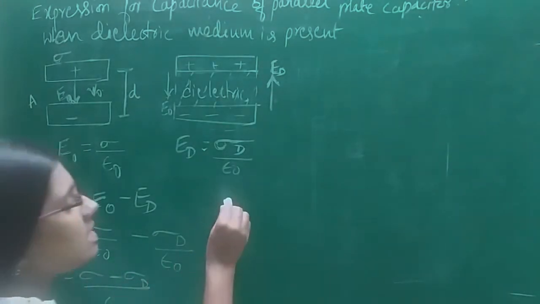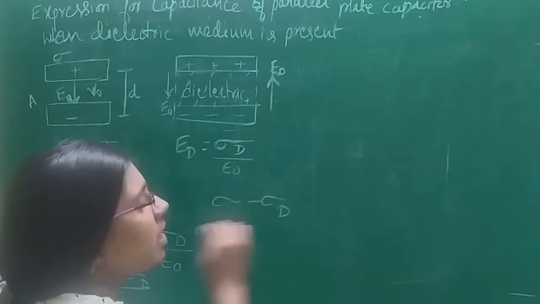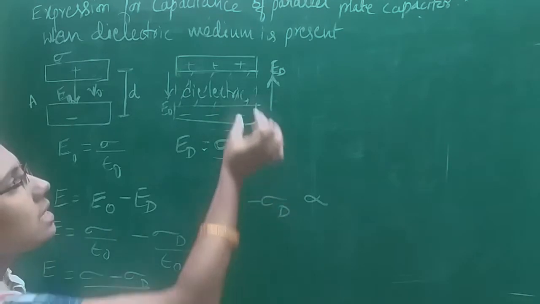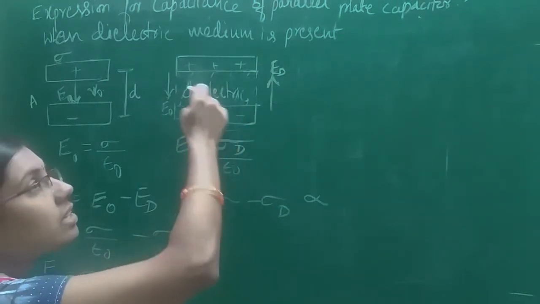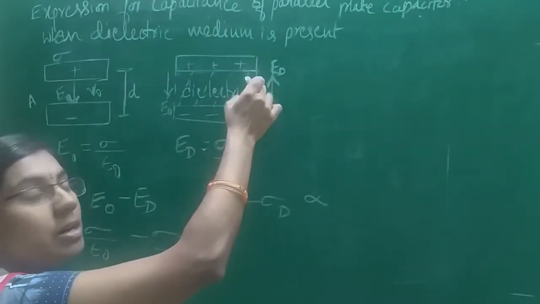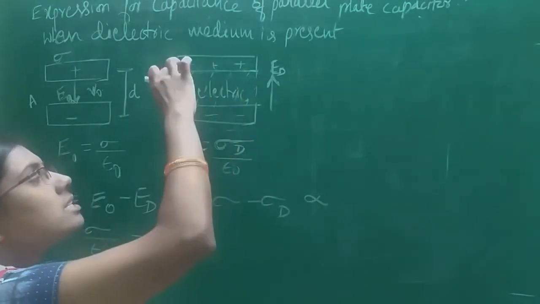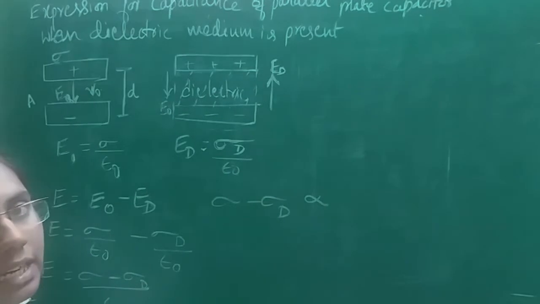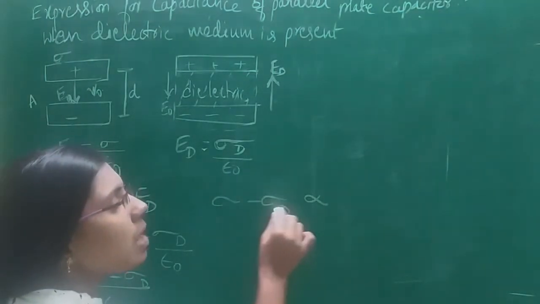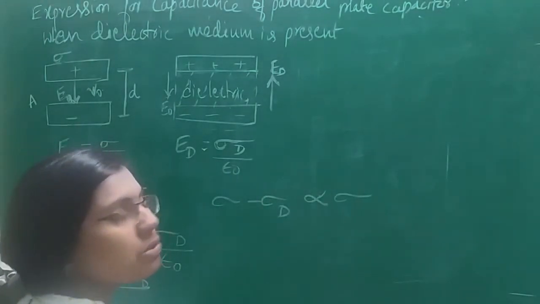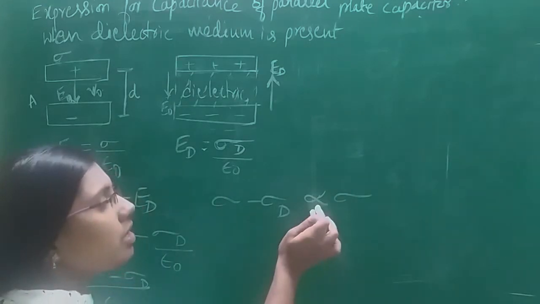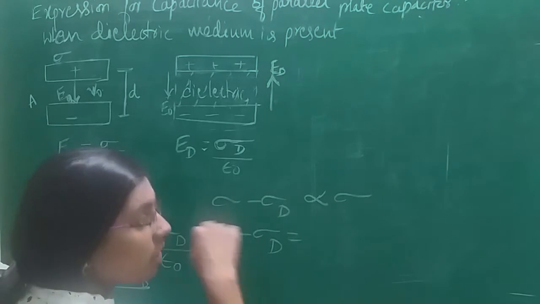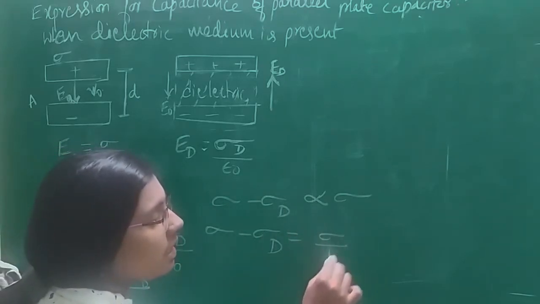This difference, sigma minus sigma d, is directly proportional to sigma, since the surface charge density of the dielectric slab depends upon the surface charge density of the plates before inserting the dielectric. Now remove the proportionality symbol and add a constant, let us take that constant as k.